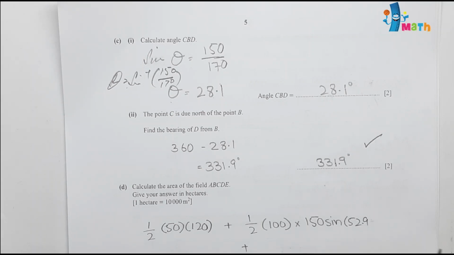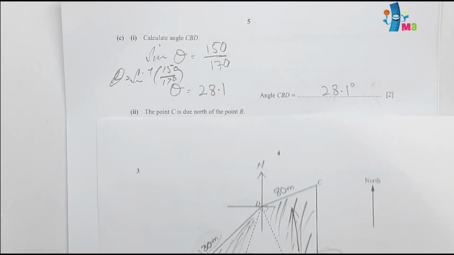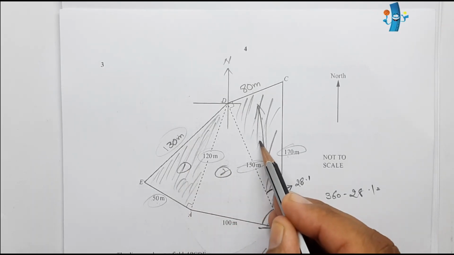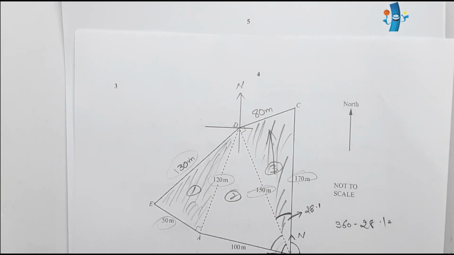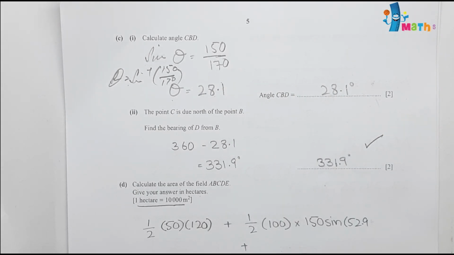Then part D, calculate the area of the field. Give your answer in hectares, and the hectare conversion they have given. For the area of the field we have three triangles, 1, 2 and 3. We can find the area of these three triangles, and you know the area of a triangle is half AB sine C. For a right angle triangle we will use half into base into height.